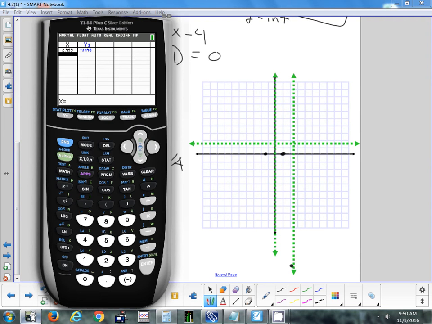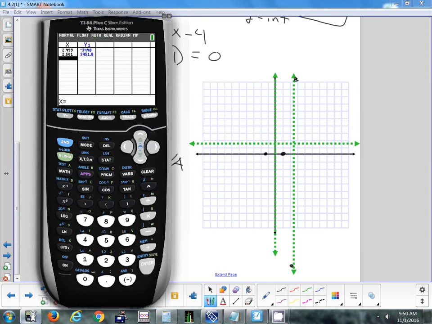Something like 2.51 or 2.501. So just after 2.5, you're at positive infinity.